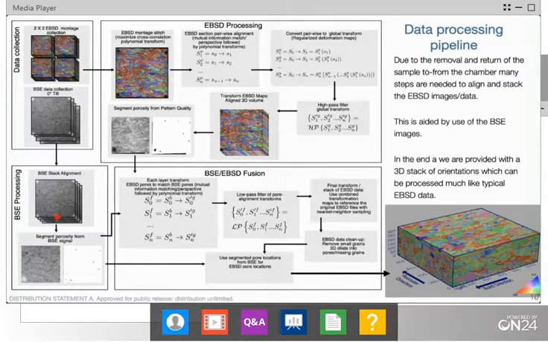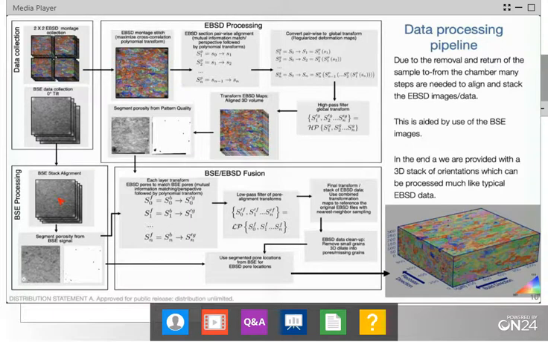And then we can use this data to actually segment out the pores that are present within here. In any kind of AM build, you typically have some small amount of porosity, and this is no different. Those pores are very obvious because they basically act like tiny little Faraday cups, and all the electrons go in, they don't come out, so they look very, very dark compared to the rest of the microstructure.